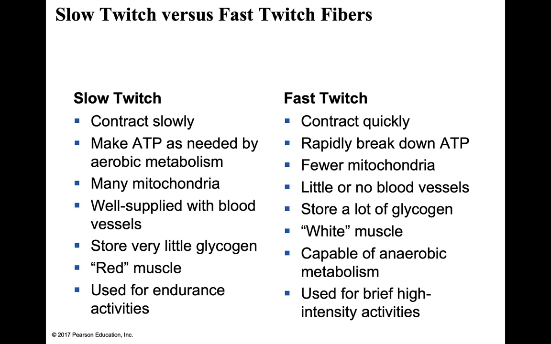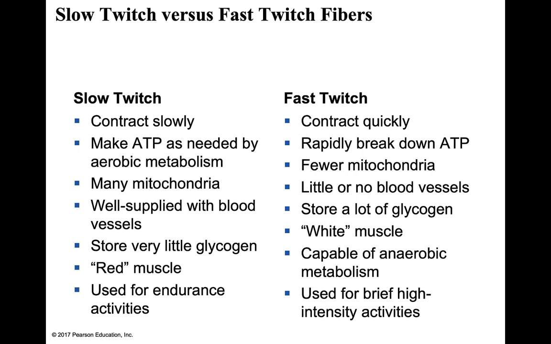Now, this is determined genetically, okay? If you look at individuals, you can't change the type of muscle fibers that you have. You're kind of stuck with it, okay? So that's important. But here we can actually see what may result in certain types of athletes running in a family, okay? Because of the genetic component.